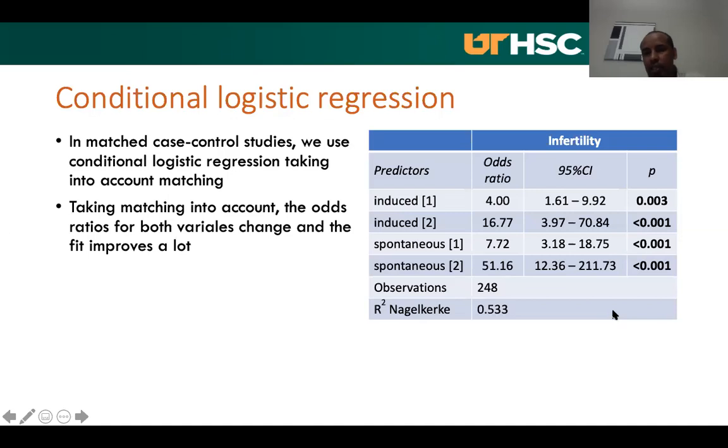But as you can see, the 95% confidence interval is very wide. This is related to the sample size. We only had about 248 participants in this data. So the sample size is very small, and the 95% confidence interval is very wide.